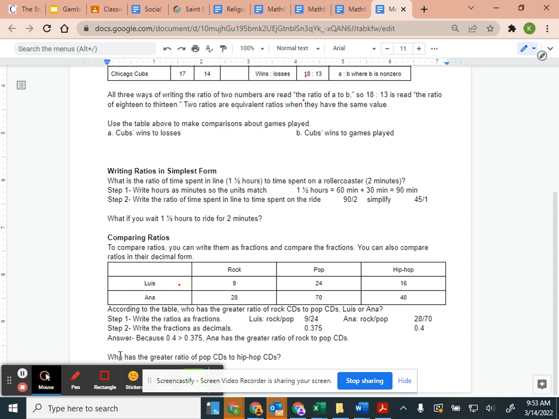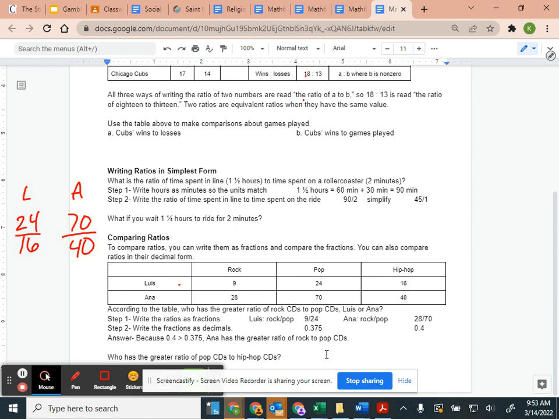If we looked here at our question, who has the greater ratio of pop CDs to hip hop CDs? How would I set that up? Landon? Lewis had 24/16, pop to hip hop. Anna has 70/40. So what would Lewis's ratio be?